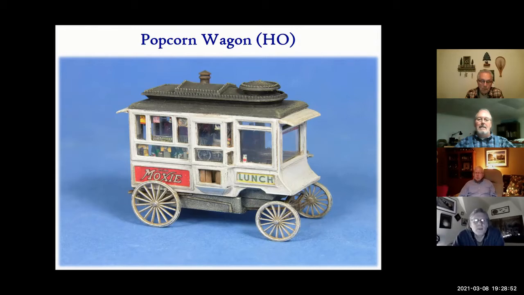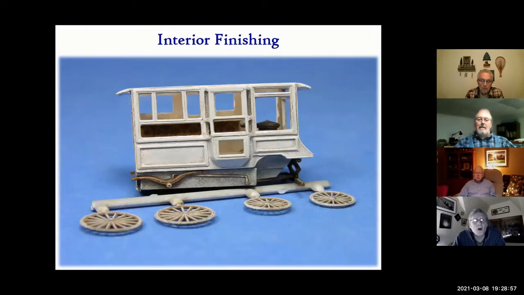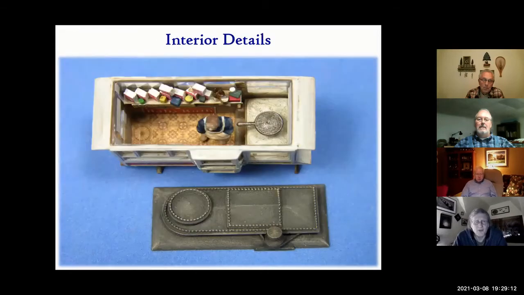So sometimes when you're going to detail the interior, particularly a model this small, you've just got to plan it and build it in stages. In this case, the exterior was painted, and then the interior was painted, and then just a swatch from a catalog was added for a linoleum type floor.